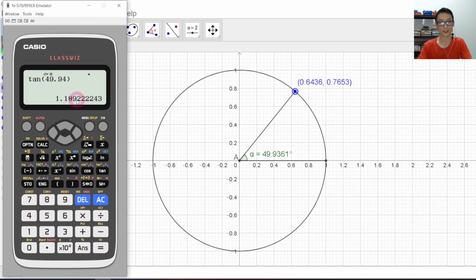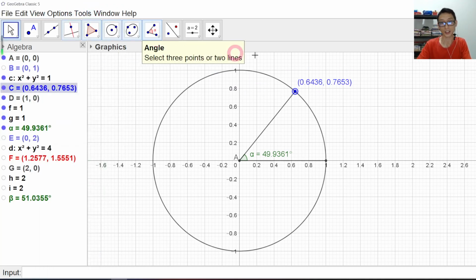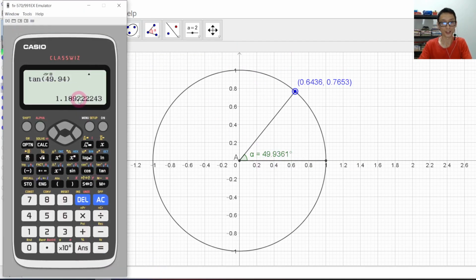Okay, it's very close because this one is already rounded off, so it's not exactly the same, but it's very close. This one can go to many decimal places, and I also rounded off this one. That's why you do not get exactly the same value.